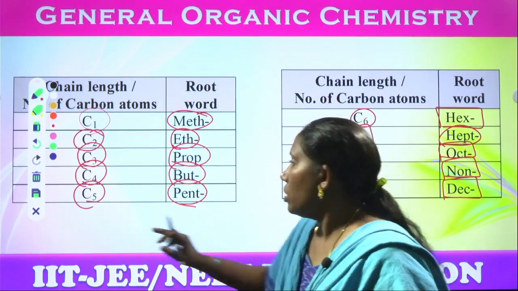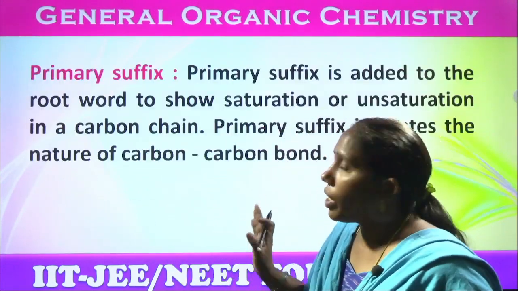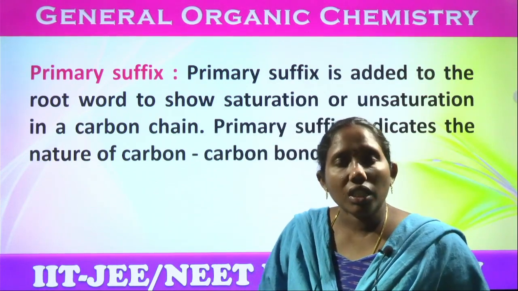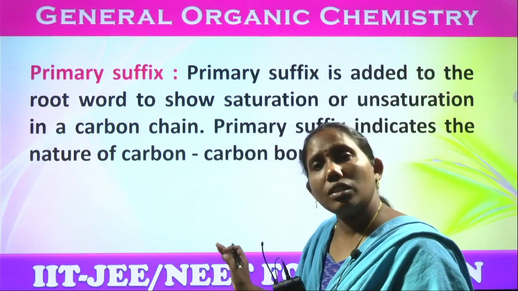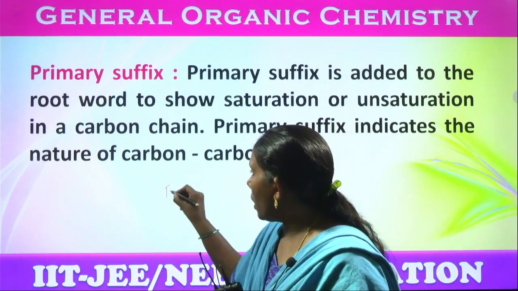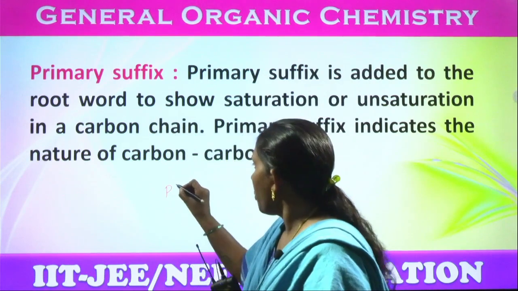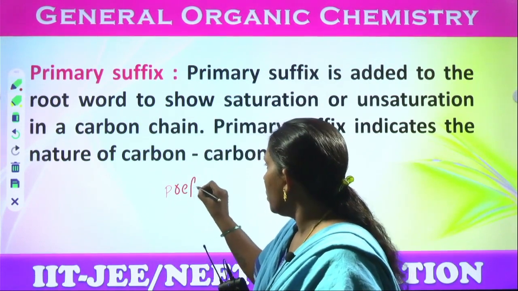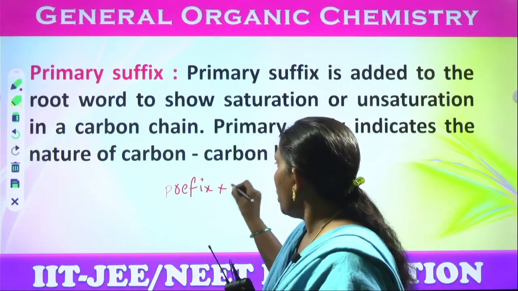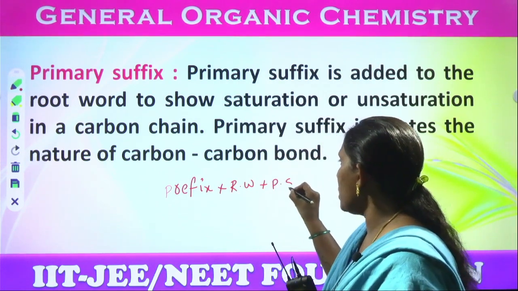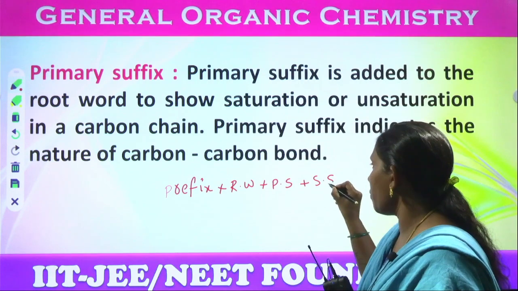Okay. Now come to the next. What is meant by primary suffix? This primary suffix comes after the root word. Actually this is the order: prefix plus root word plus primary suffix plus secondary suffix, right?